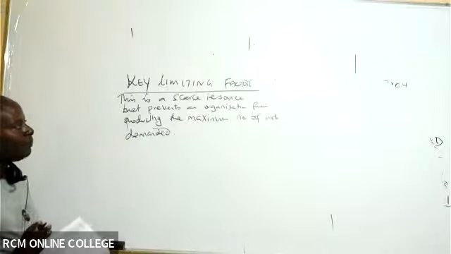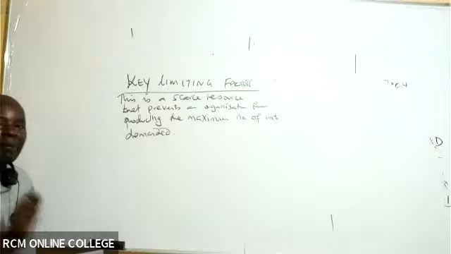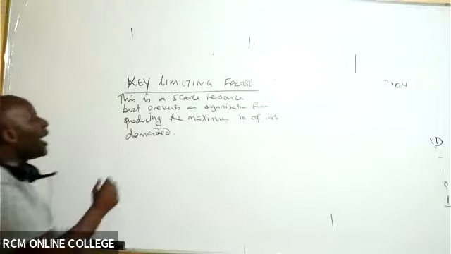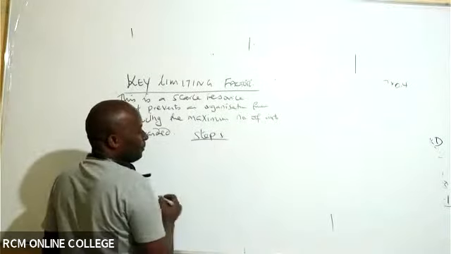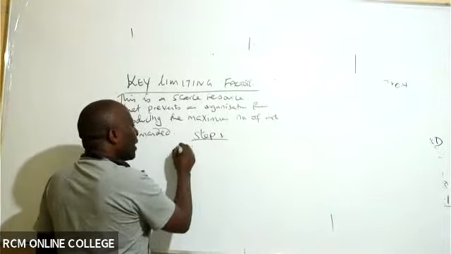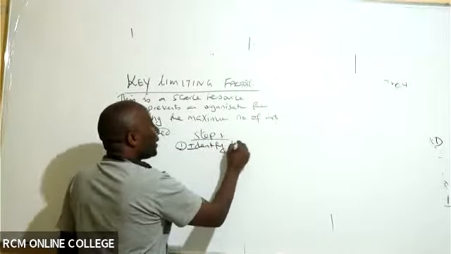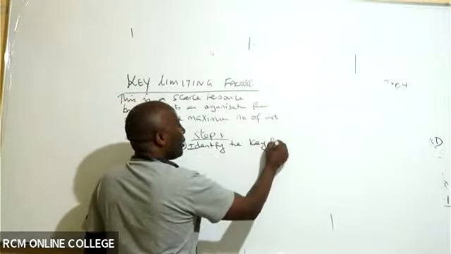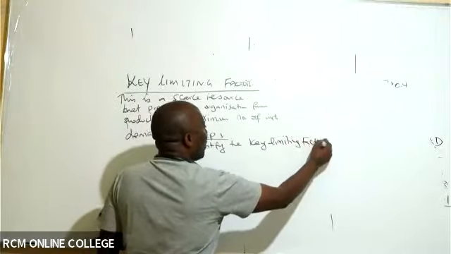Key limiting factor. Ladies and gentlemen, the most important thing you're supposed to remember about key limiting factor are the basic steps. Number one, you have to identify the key limiting factor. It's normally one.